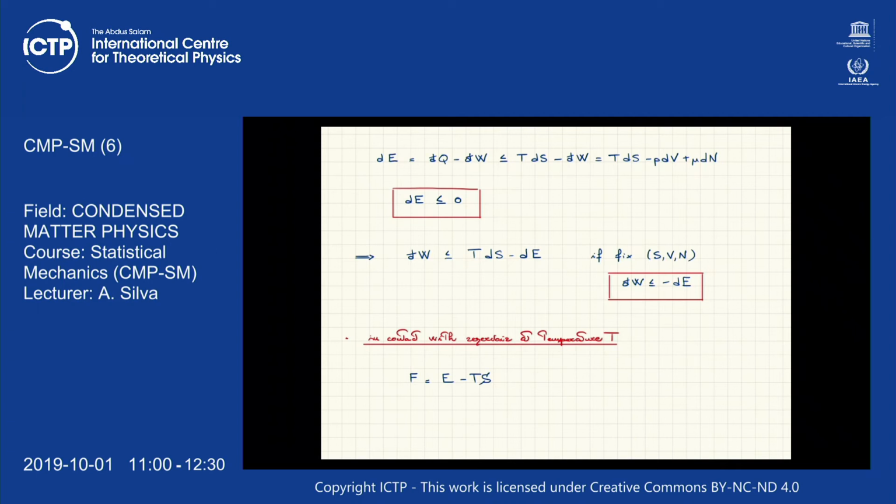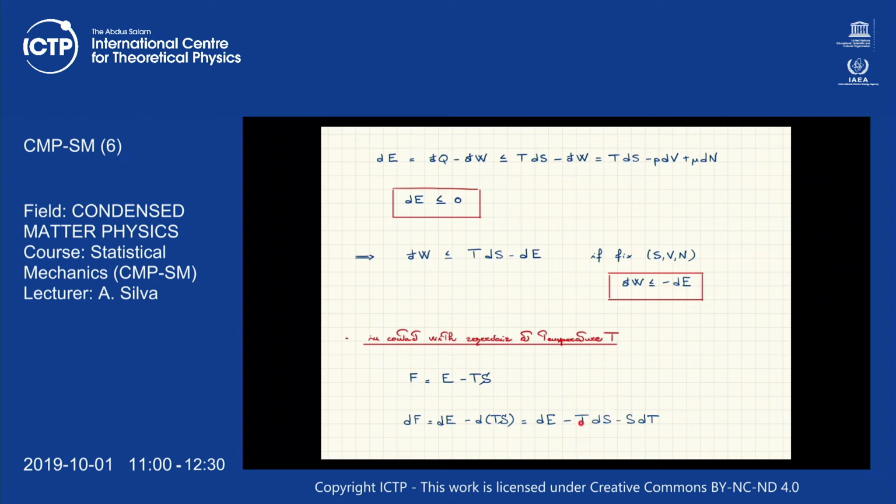right? Now, when I want to switch from a variable entropy to variable temperature, what I do is I put a minus T times S here. Why? Because dF is going to be equal to dE minus d(TS), which gives me minus T dS minus S dT. Now dE contains TdS.